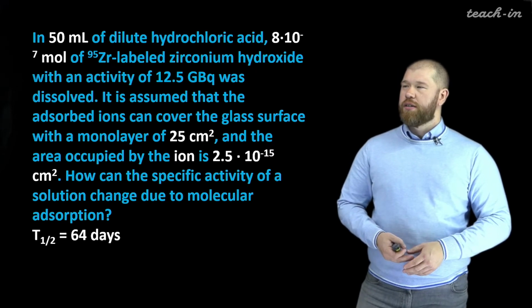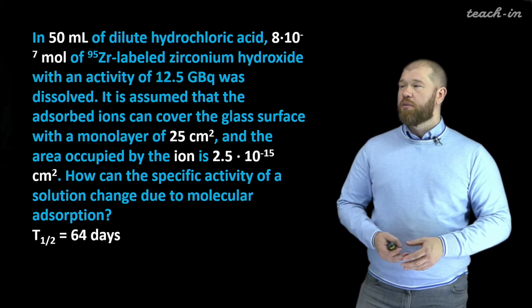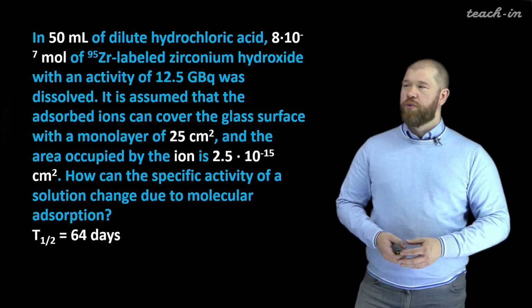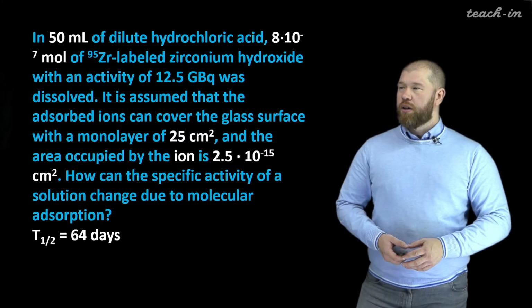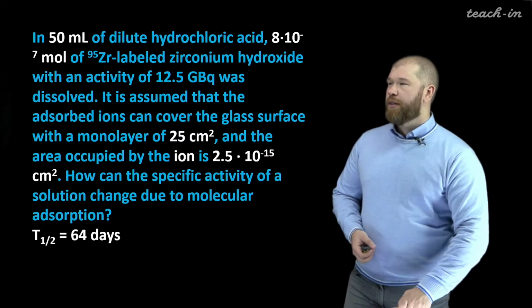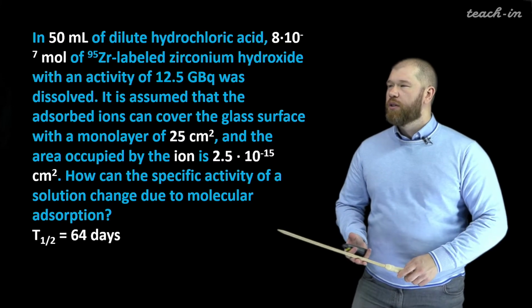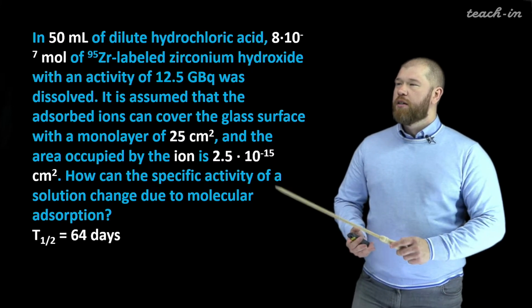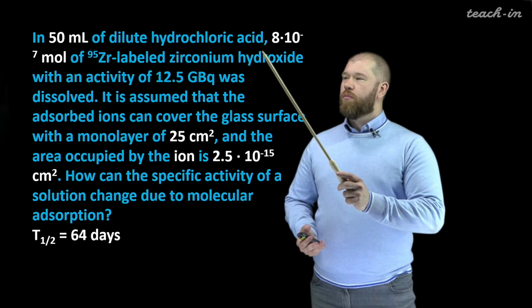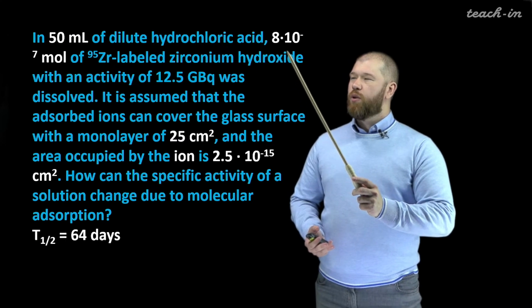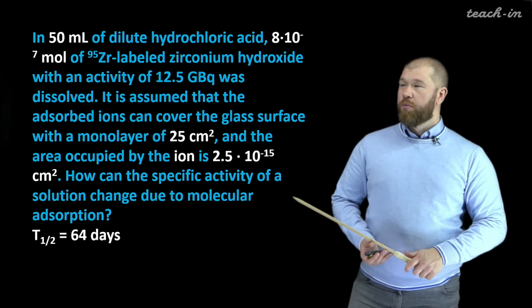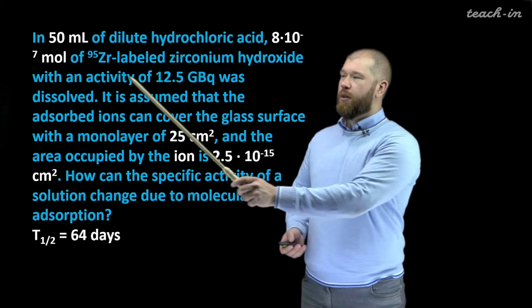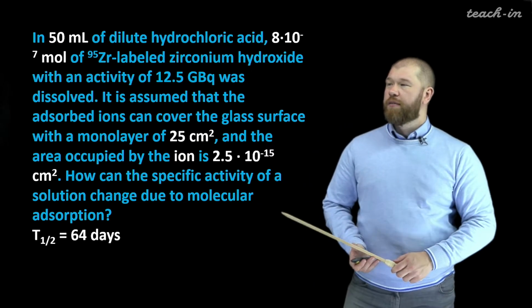In this case, it is just a vessel where a diluted solution of zirconium is located. So we have 50 milliliters of the solution containing 8 × 10^-7 mole of zirconium hydroxide that is labeled with zirconium-95.